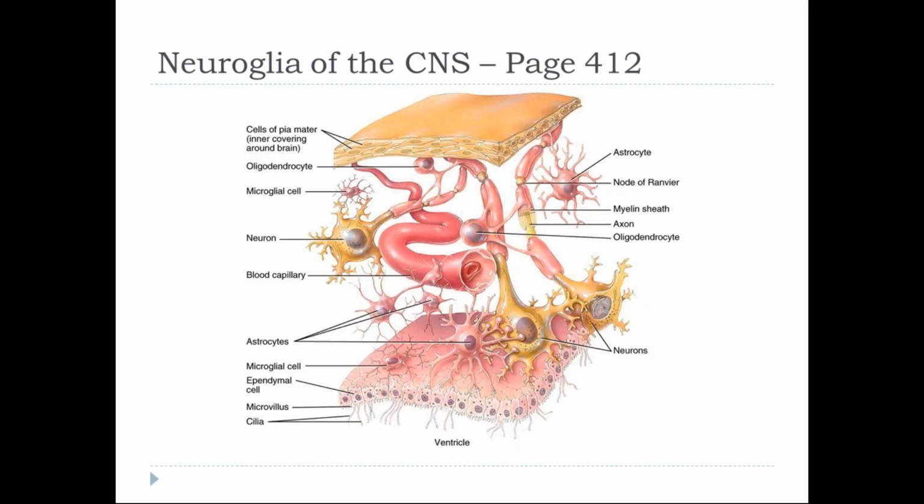The Schwann cell would be like the oligodendrocyte, yes. They both produce myelin, but as you can see, they produce it quite differently. It can take up to 500 Schwann cells to myelinate one axon, whereas one oligodendrocyte can myelinate up to 15 axons.